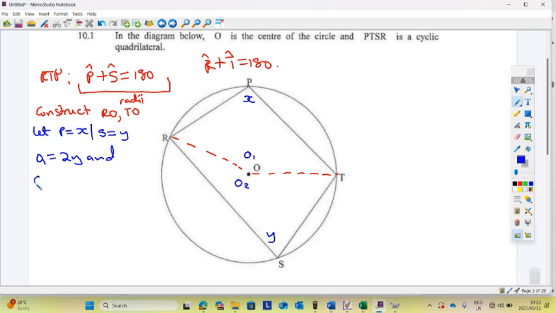And O2, this is your O2 down here, is equal to 2x.